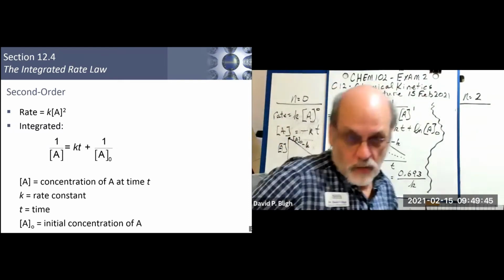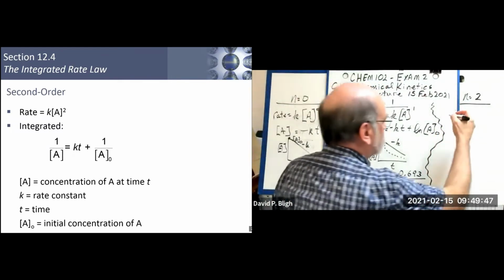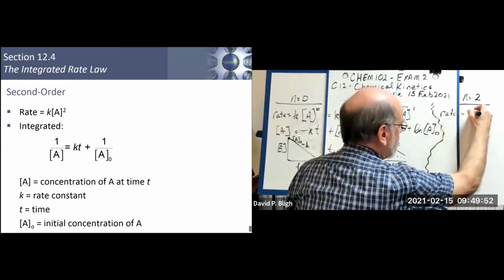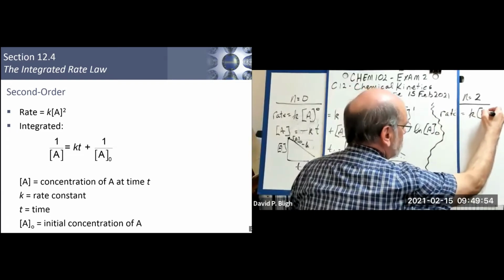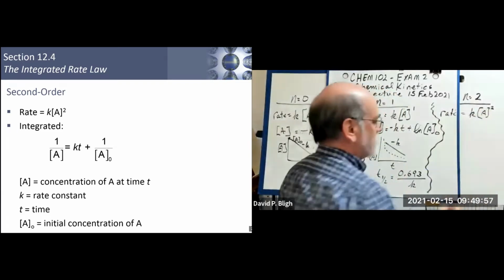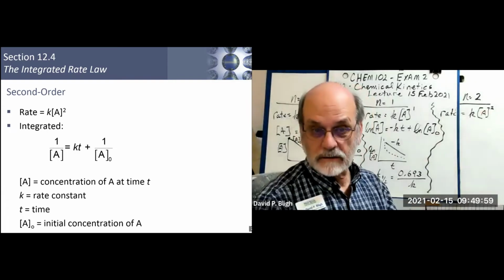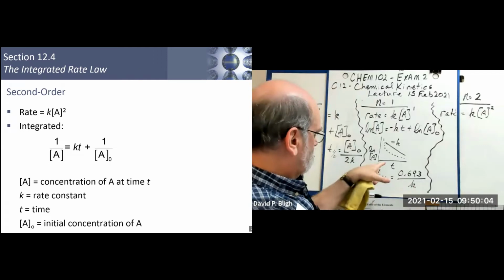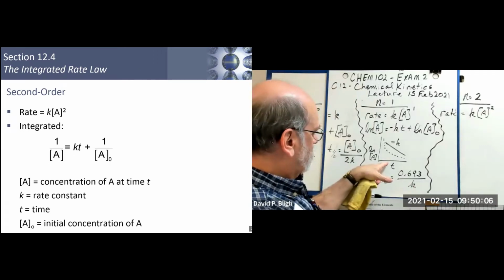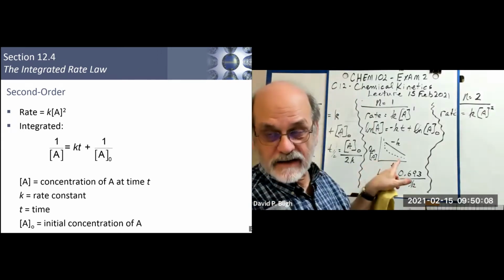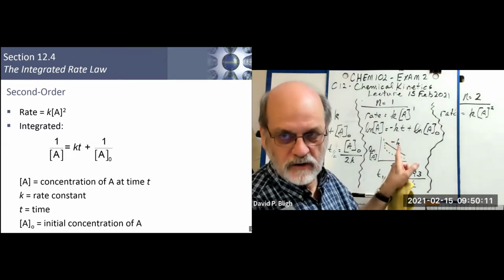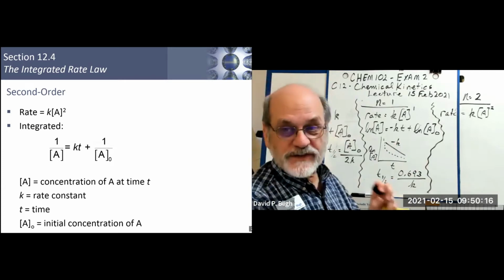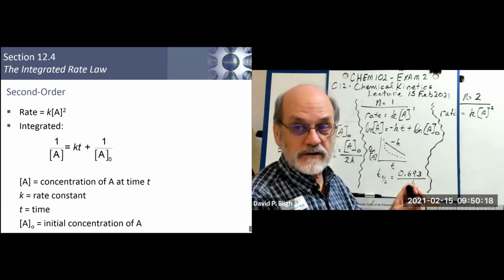Okay, second order. The expression would be rate equals K times the concentration to the second power. Now, if we plot the raw data for this one, you'll also get a curve. Right? But if you plot the reciprocal of the concentrations, you get a straight line.